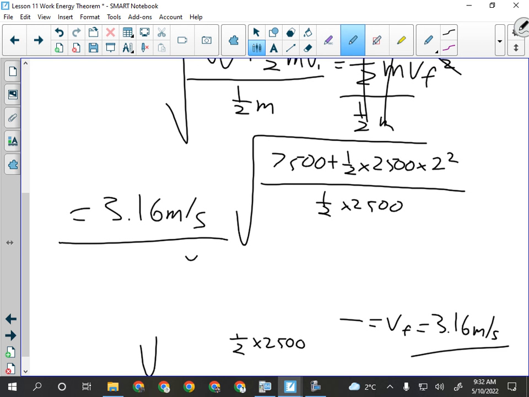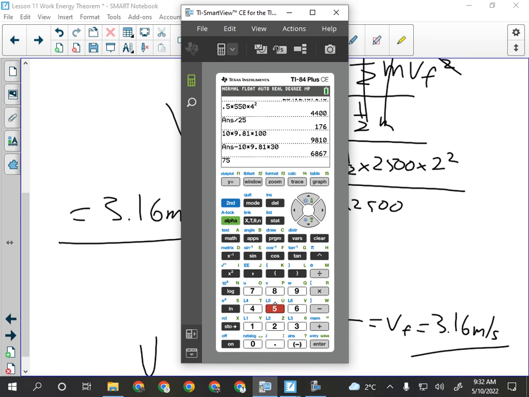I should get 3.16, but we'll double check. 7,500 minus 0.5 times 2,500 times 4. Divide that by 0.5 times 2,500. Oops, that's got to be in brackets. See, it's easy to forget that bracket stuff. And then I take the square root of that.